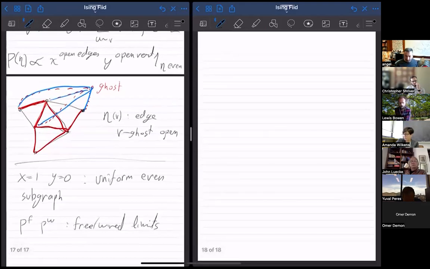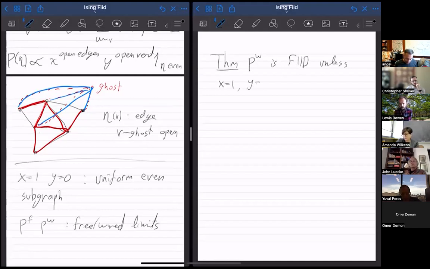First of all, for the wired one, we know that it's a factor of IID, except for one case: unless X is 1, Y is 0, and the graph G is two-ended.